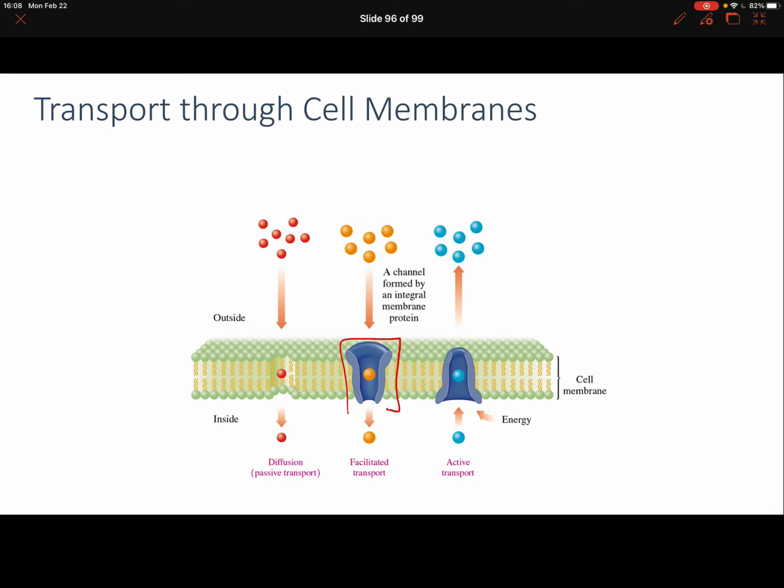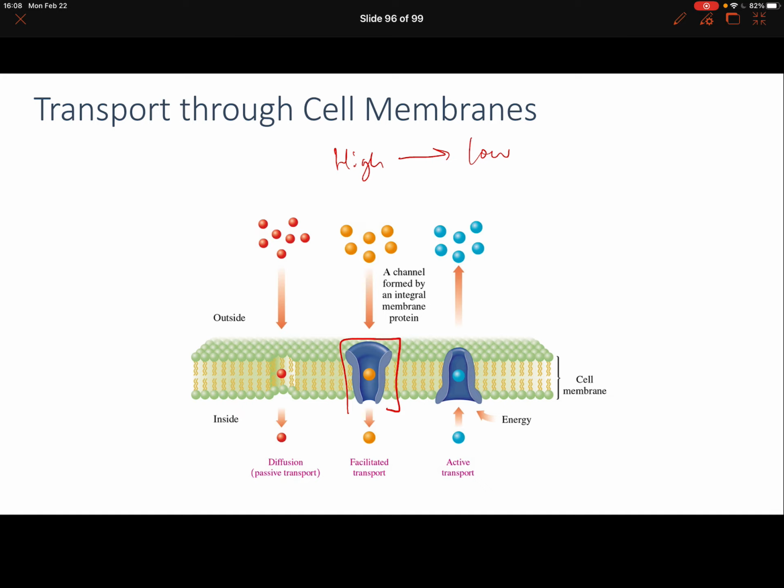And this also uses the concentration gradient. It'll go from high to low, same here, high to low concentration. So it just uses that normal mechanism to move across the cell. It's just as fast as diffusion, but it uses a protein channel.